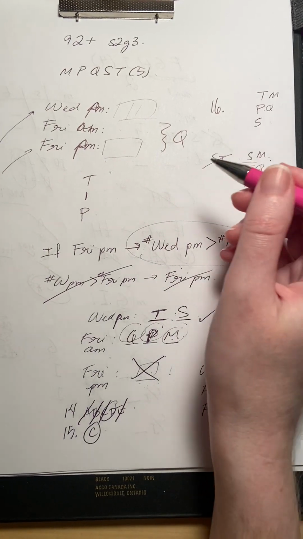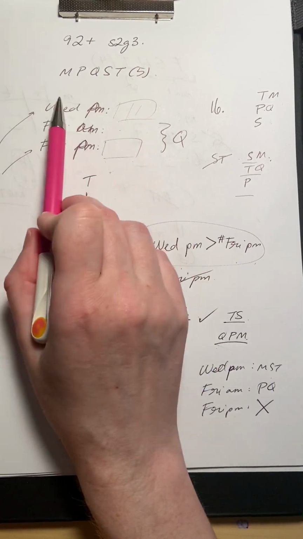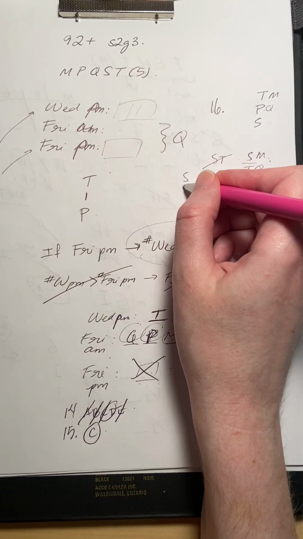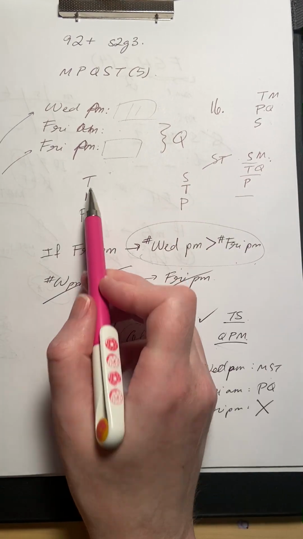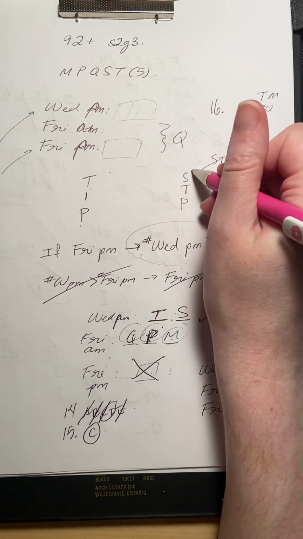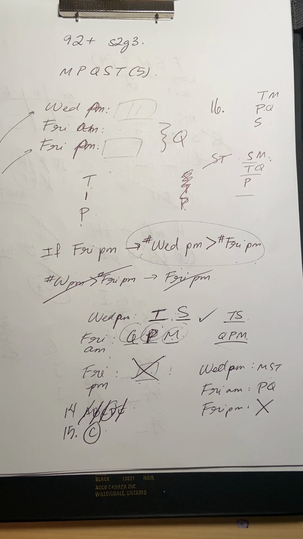If S isn't on Friday afternoon, and T and S can't be together, we have to put T on Friday morning, and then P has to be after T, so it has to be on Friday afternoon. So there's just no way to have Friday afternoon empty.